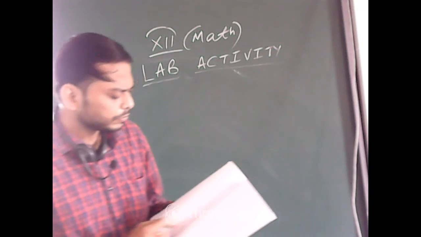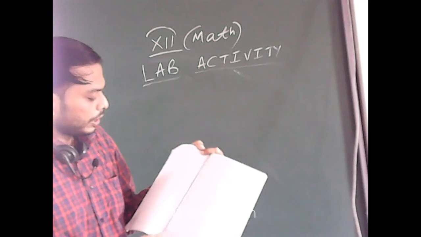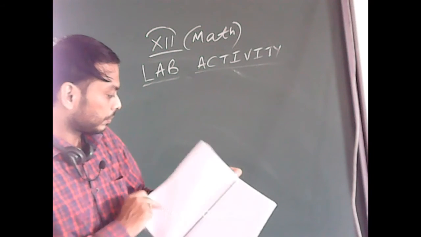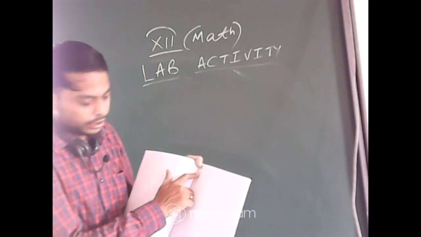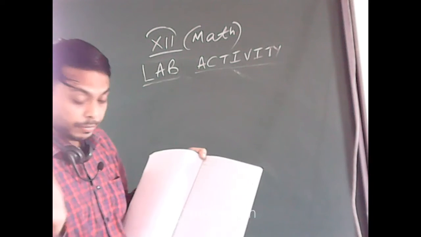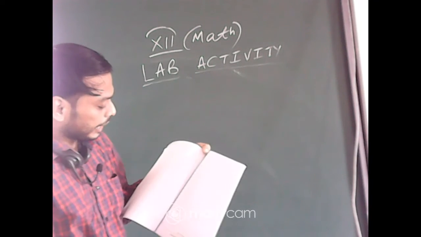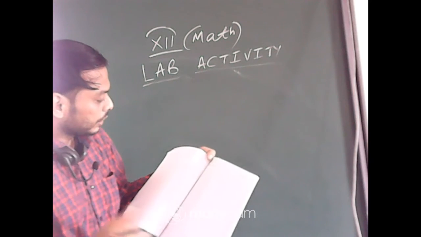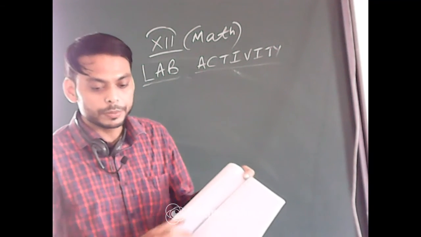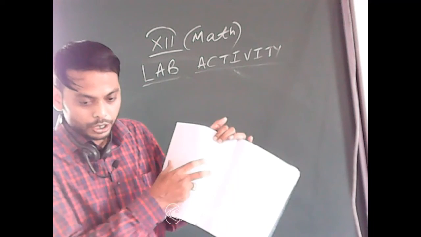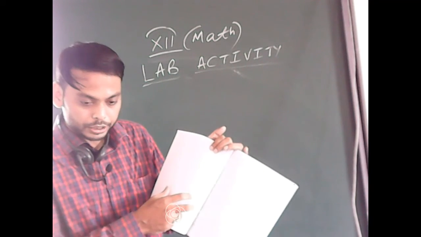Okay. Now suppose you just start writing from here, activity 1. Then suppose you want to paste or draw something, you may draw in this portion or paste something in this portion, okay.